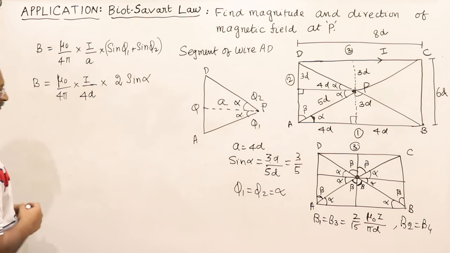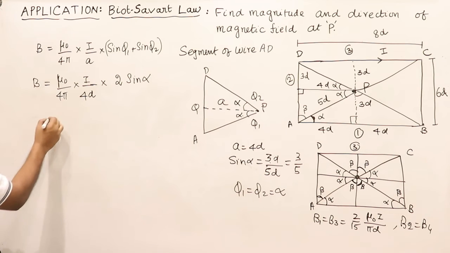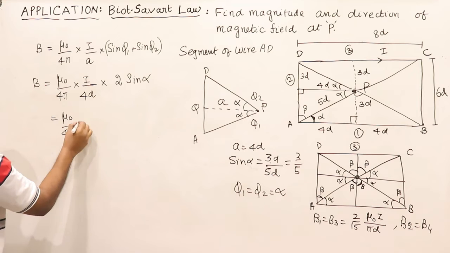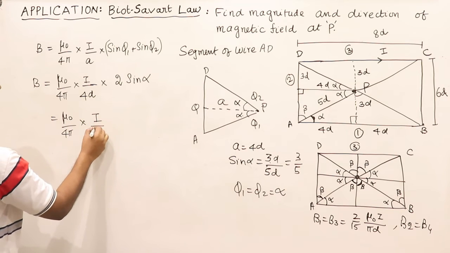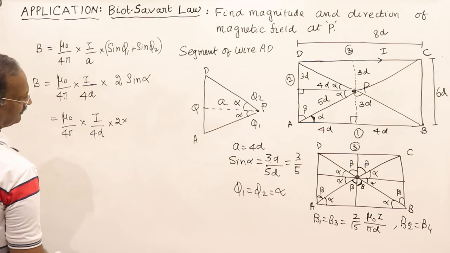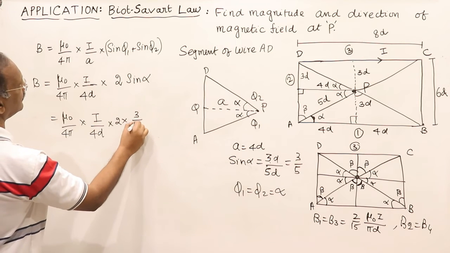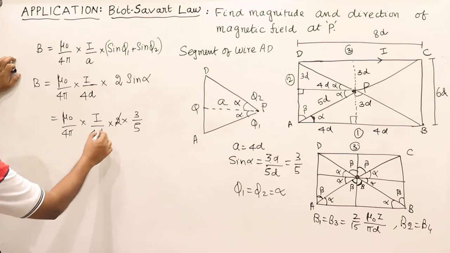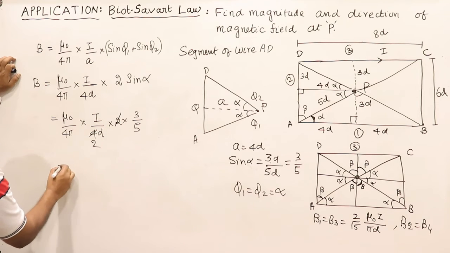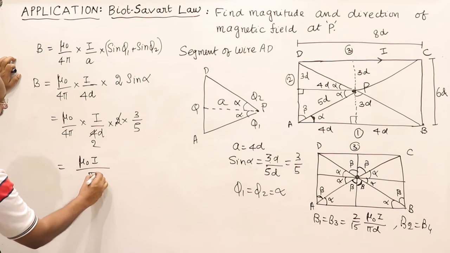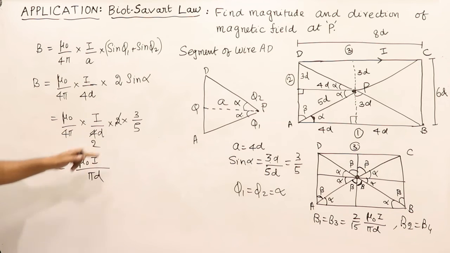So 3 by 5 is equal to mu naught by 4 pi into I divided by 4D into 2 into sin of alpha, which is 3 by 5. So this is 20 into 5, equal to twice mu naught I into pi into D.